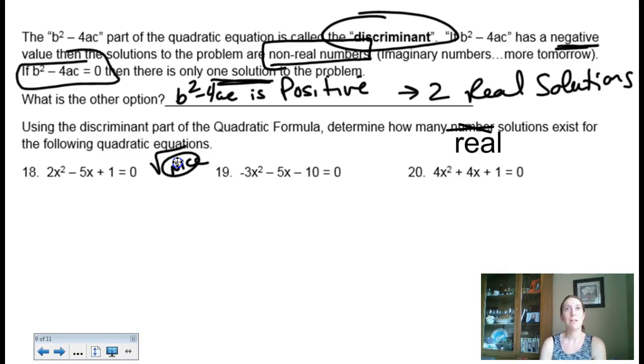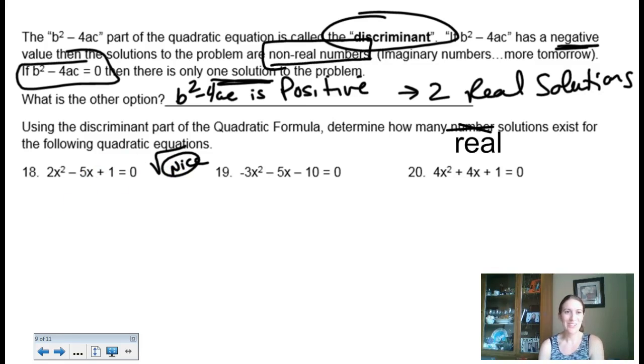So if you're hemming and hawing over whether you should try to factor this, you could quickly calculate the discriminant to determine that, if you want. Remember, 0 is a nice thing to square root as well.